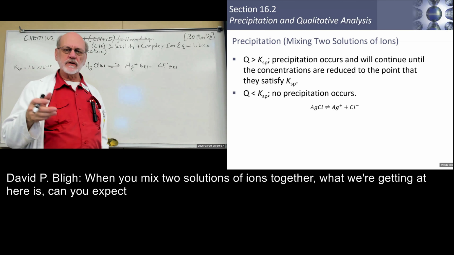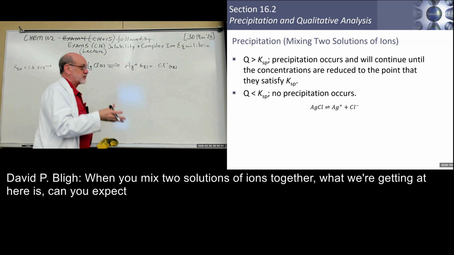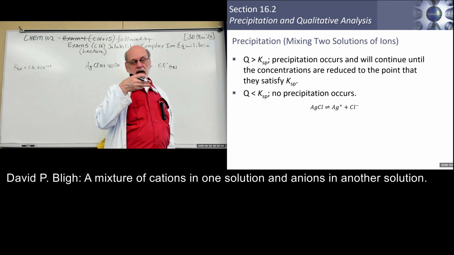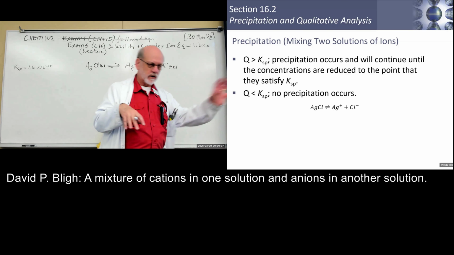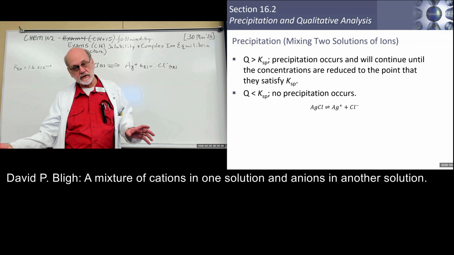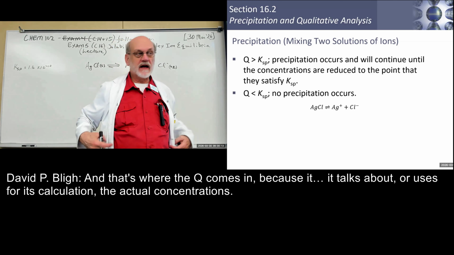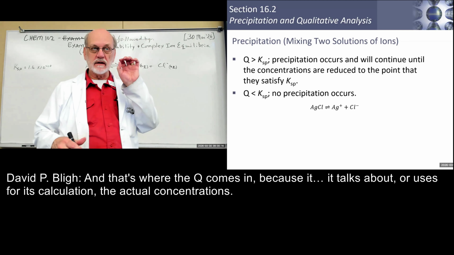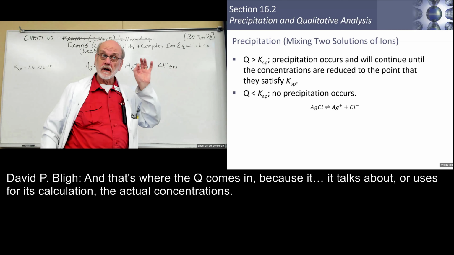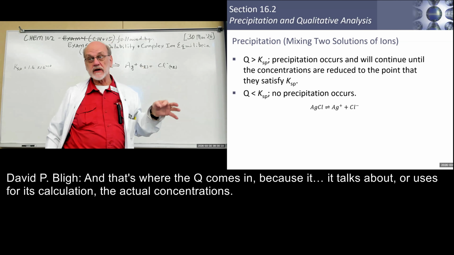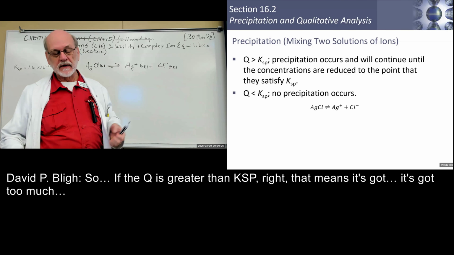When you mix 2 solutions of ions together, what we're getting at here is, can you expect a mixture of cations in one solution and anions in another solution to produce a precipitate? And that's where the Q comes in, because it uses the actual concentrations for its calculation. And we compare those to the KSPs.